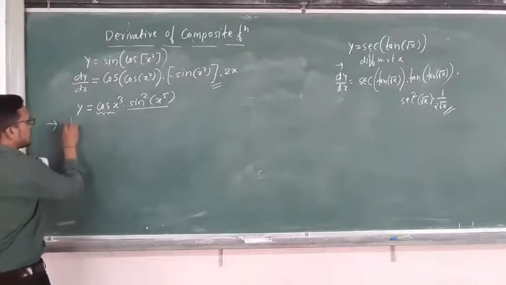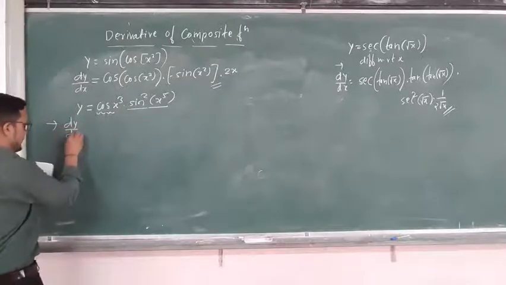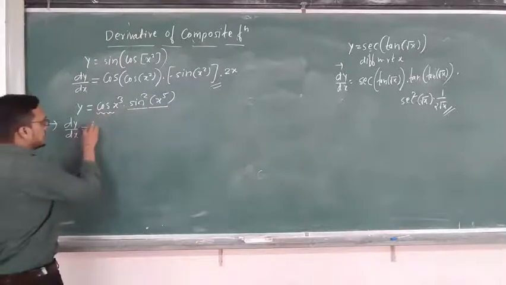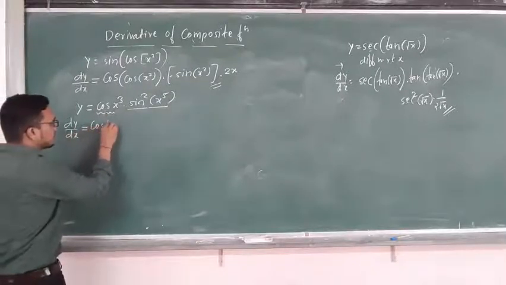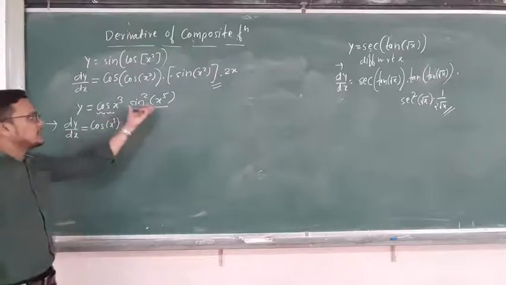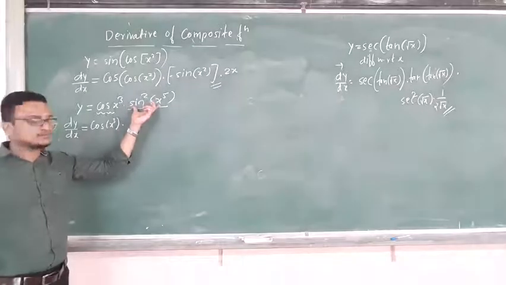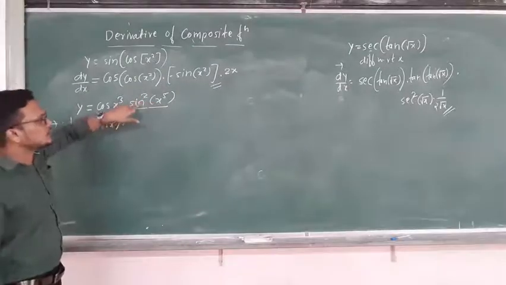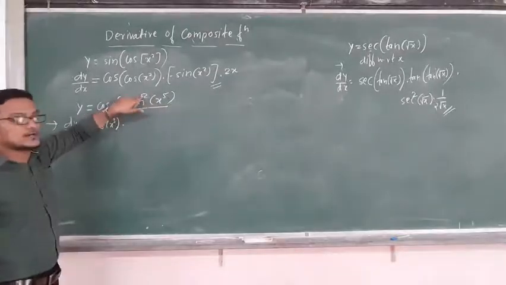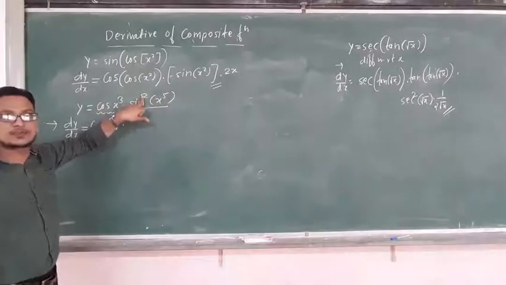So dy/dx: first function I keep constant, that is cos of x³. Take the derivative of the second function, sin²(x⁵). First we take the derivative of sin².